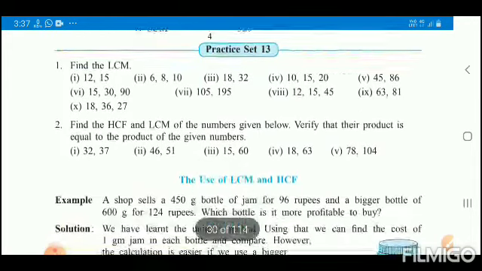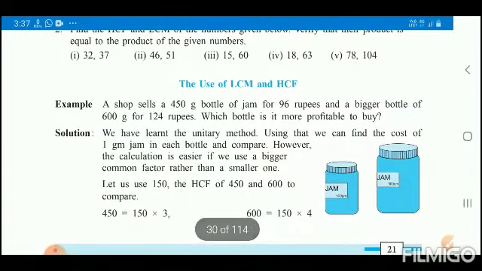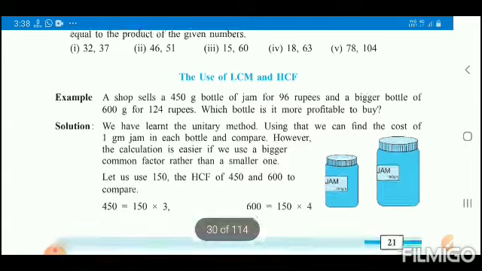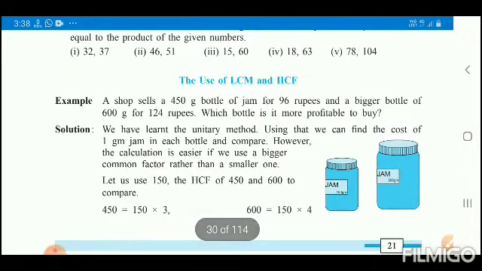Now we will just see the use of the LCM and HCF. Here they have given one example. A shop sells a 450 gram bottle of jam for 96 rupees and a bigger bottle of 600 gram for 124 rupees. Which bottle is more profitable to buy? Now we will see the solution.